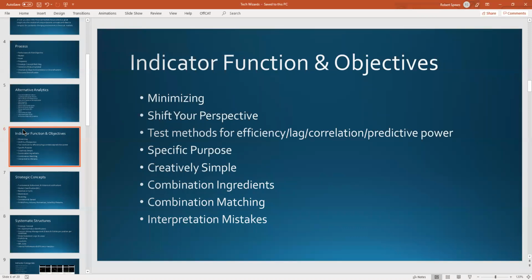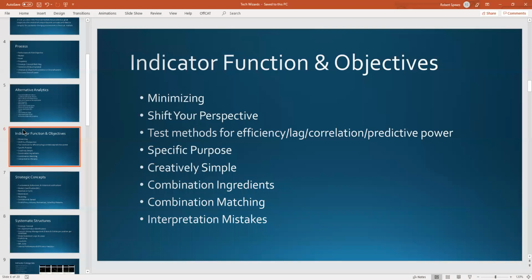Test methods for efficiency, lag, correlation, predictive power. This is also very important. You want to find out which functions, which analytics, offer the most efficient way for a specific purpose, right? And so, combination of analytics, this means practically, you don't want to design a concept using the same methods.